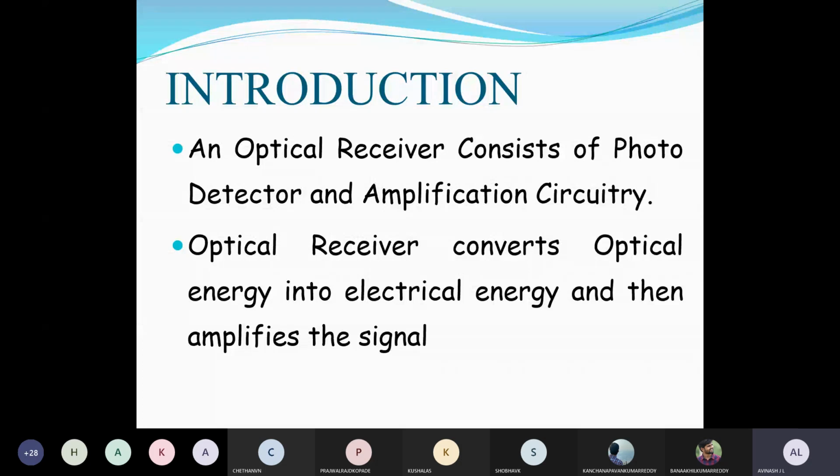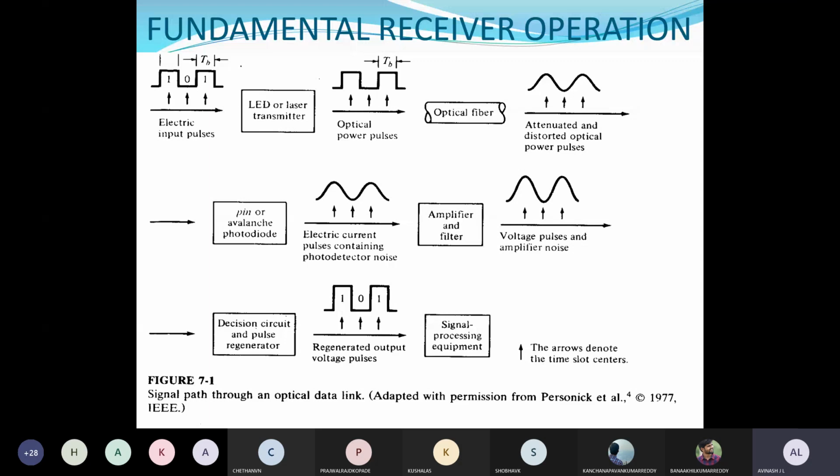Now, please make a note of this particular statement: an optical receiver converts optical energy into electrical energy and then amplifies the signal. This particular diagram indicates the fundamental receiver operation.